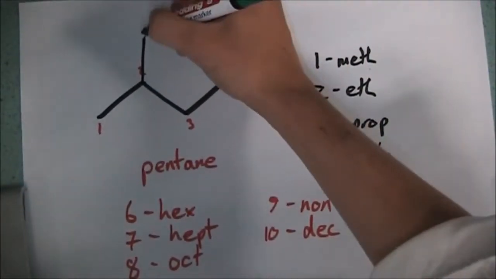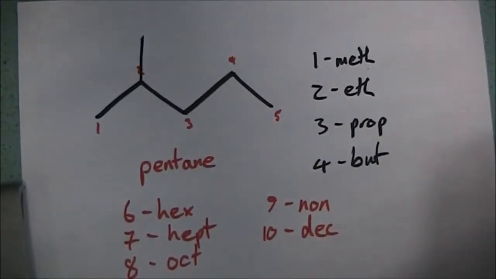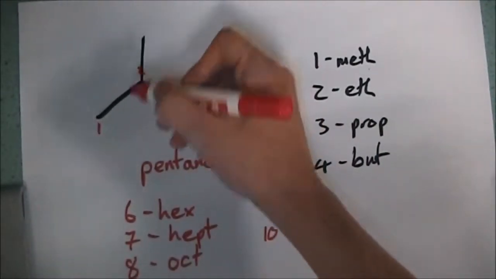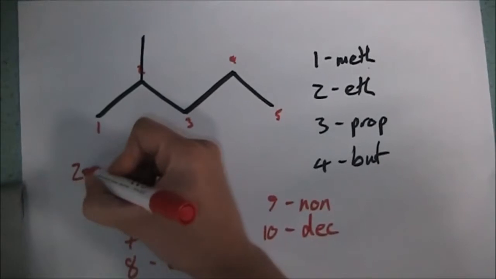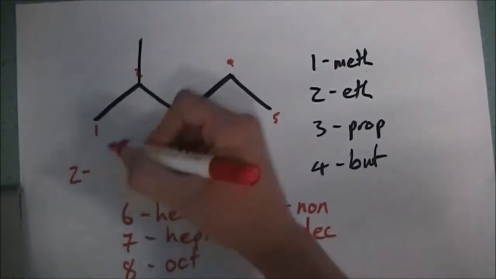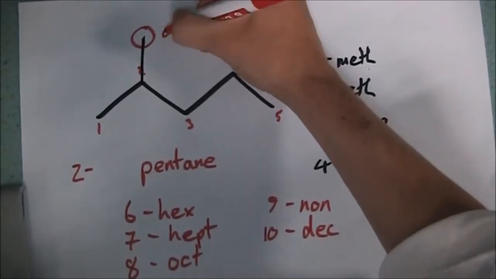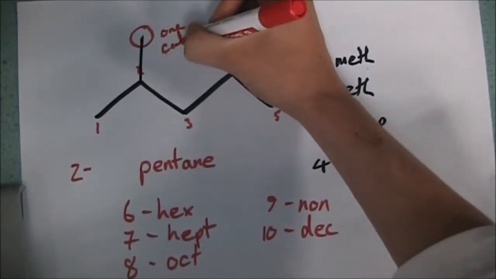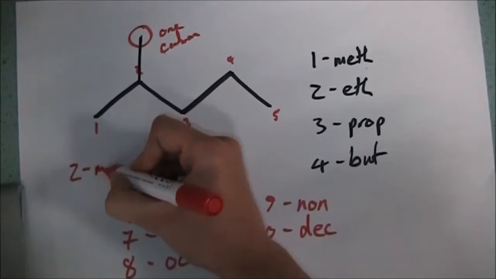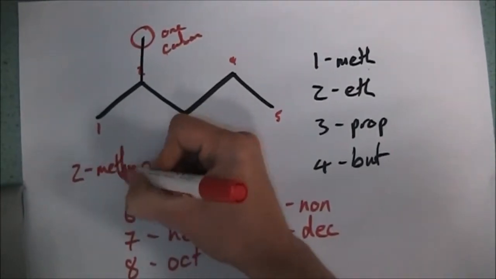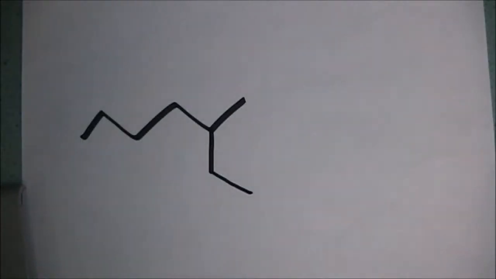So we put a methyl group on that position. We say, right, okay, well the position that the methyl group is on is 2, and the group that we've put on it has 1 carbon, so we call it 2-methylpentane.